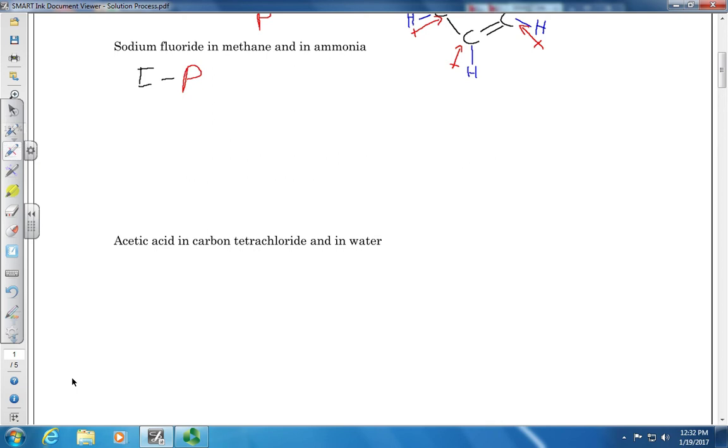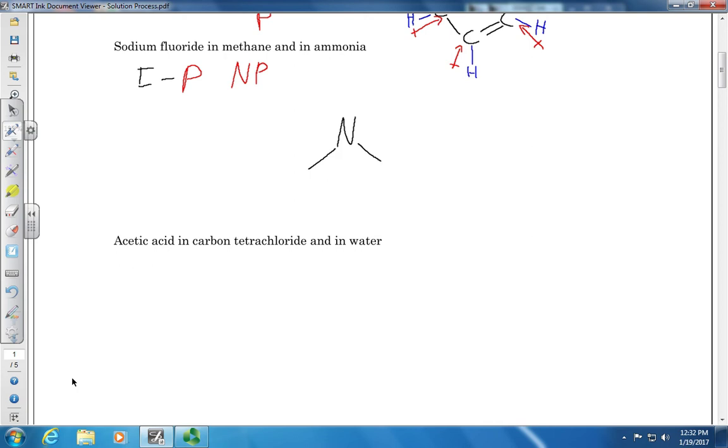And methane, as we demonstrated with toluene, is CH4. It's tetrahedral, and all of the hydrogens are evenly spaced. They all cancel each other out with their dipoles, so methane would be nonpolar. And ammonia, if you recall, is NH3.